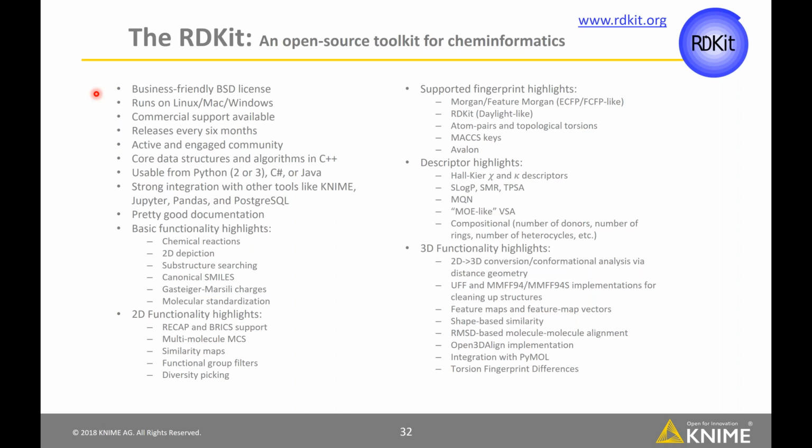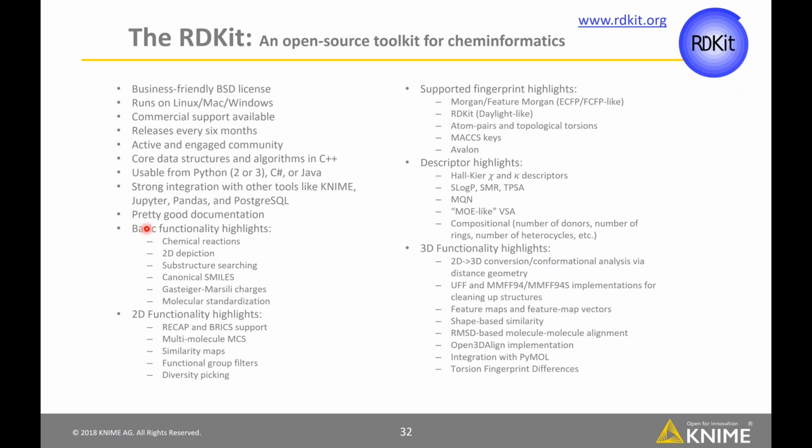We do releases every 6 months, just like Knime does, staggered a little bit, not at the same time. So we do a release in March and then a release in September or October. There's a pretty big and active community, which is a great thing for us. It means anytime people ask questions on a mailing list, we end up with a lot of answers, a lot of people to answer them.